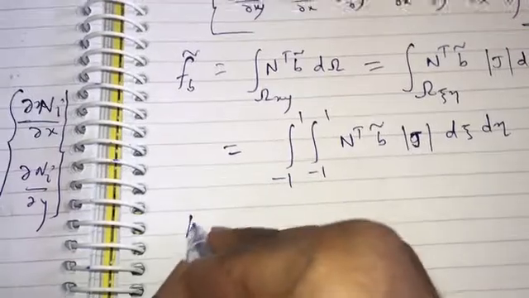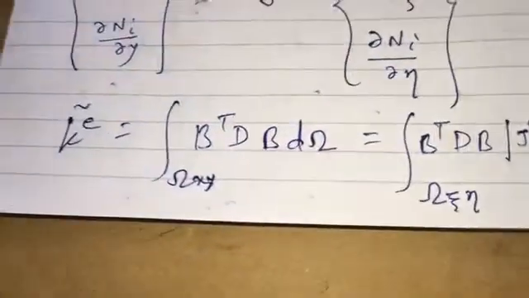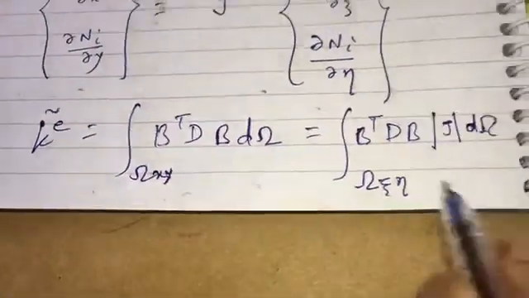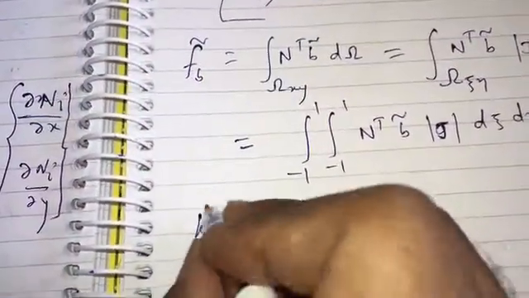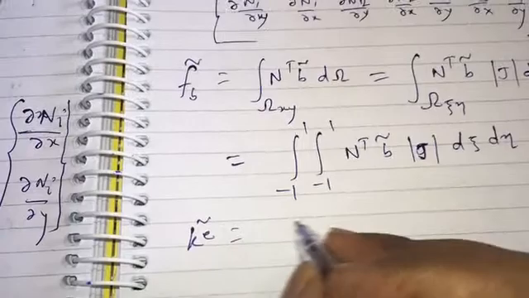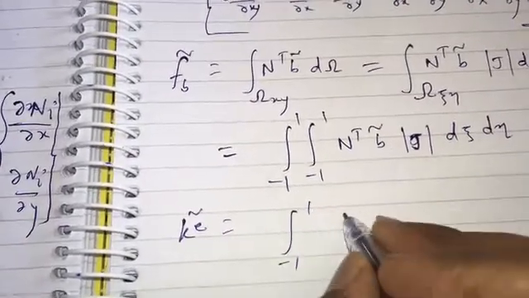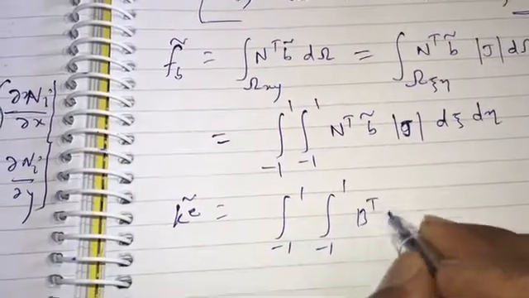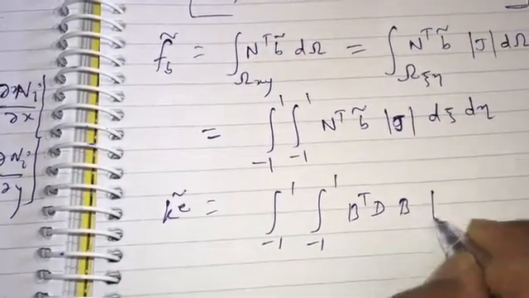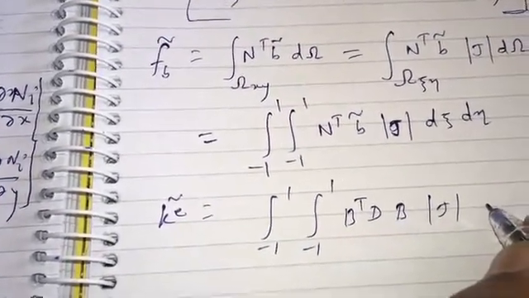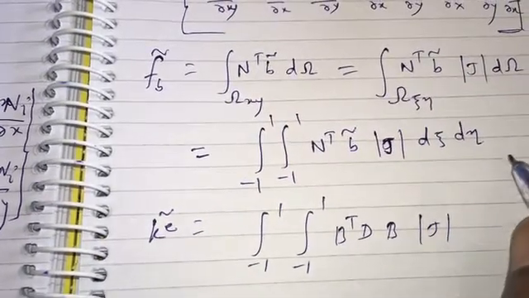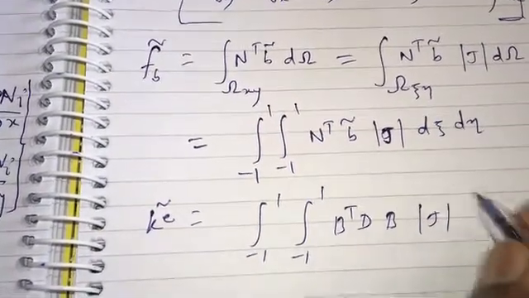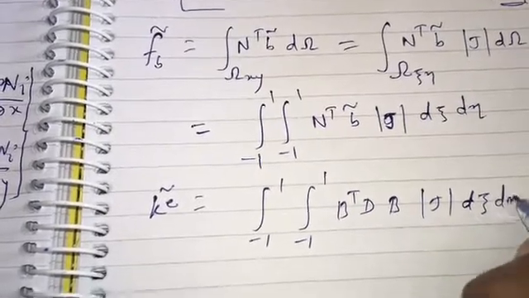So in fact we should have written ke also like that. So let's write it. So ke is equal to the integral from minus 1 to 1, minus 1 to 1, of B transpose D B, times determinant J, d xi and d eta.